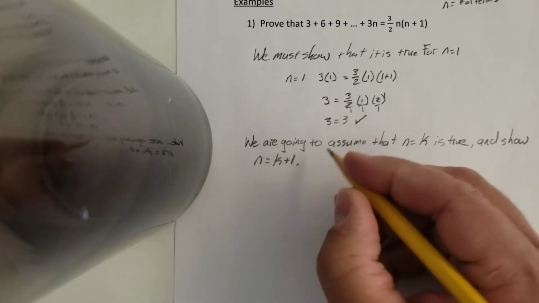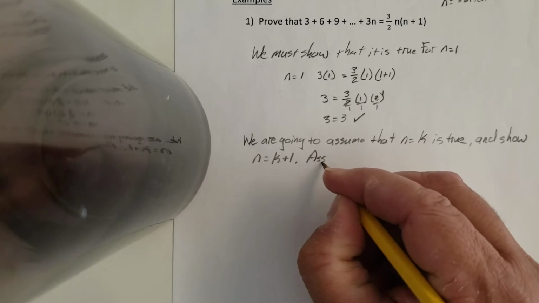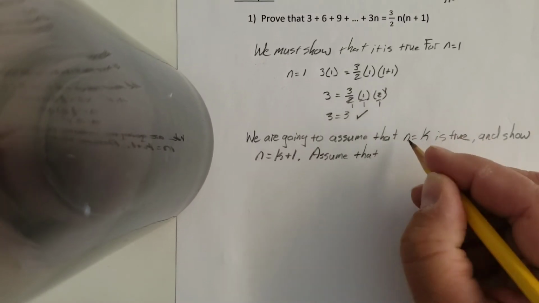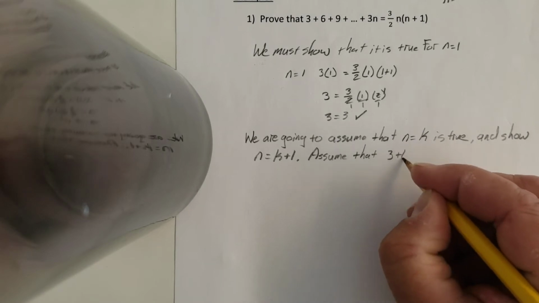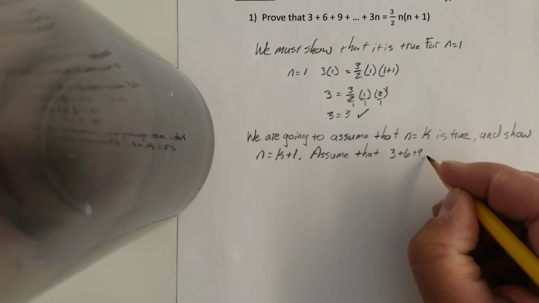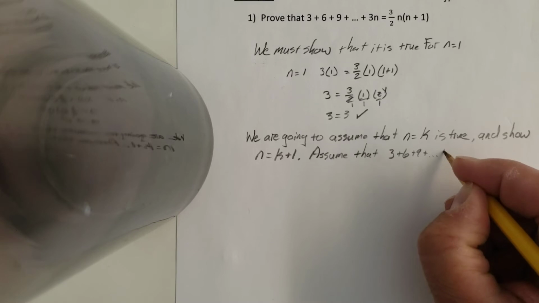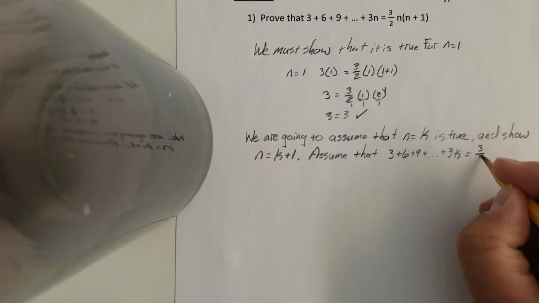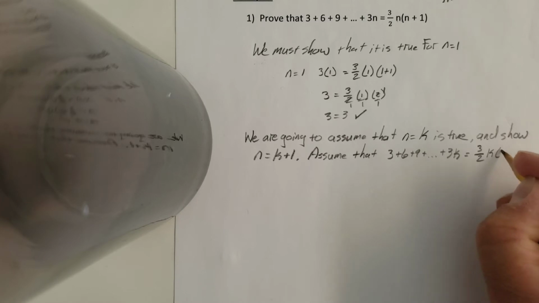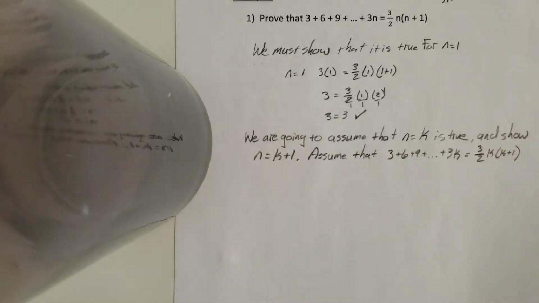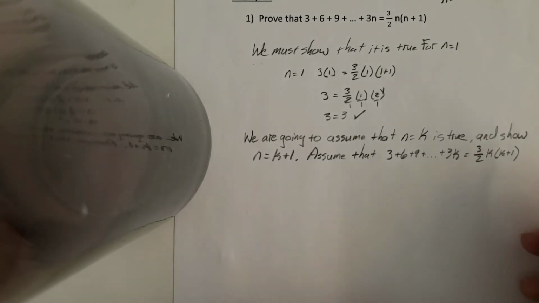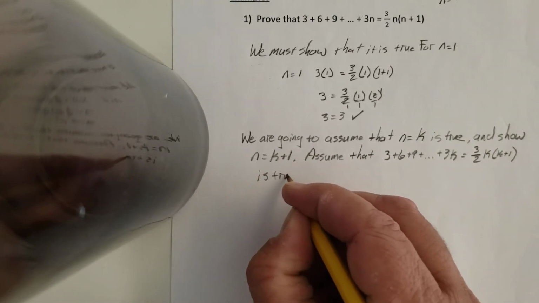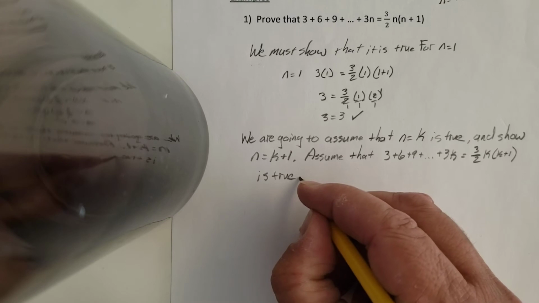So what we do is we assume that 3 plus 6 plus 9, on and on, plus 3k equals 3/2 k times k plus 1. We just changed the variable. We assume that that is true.